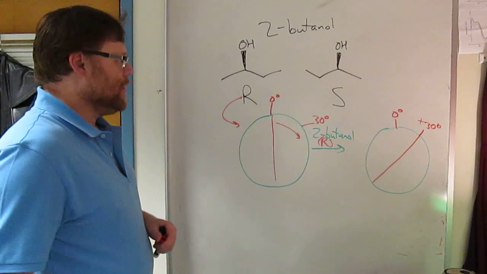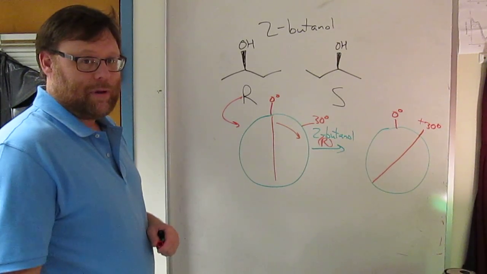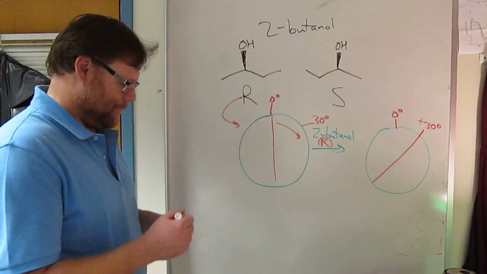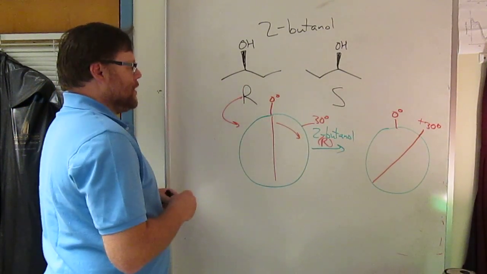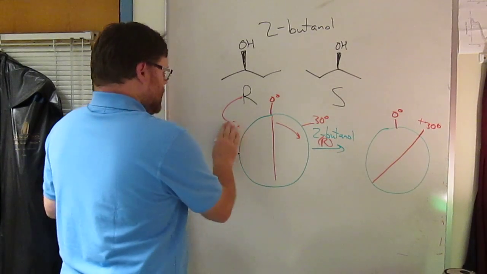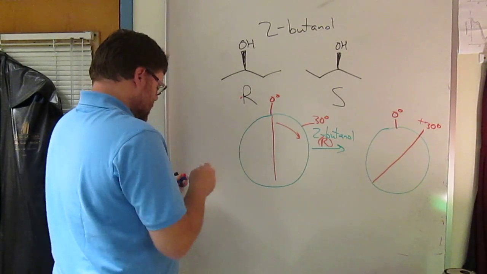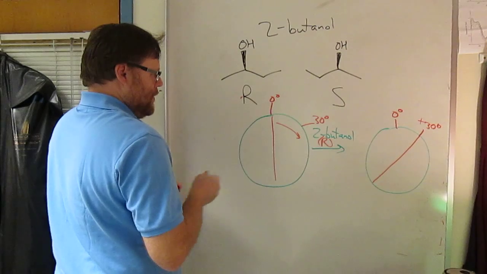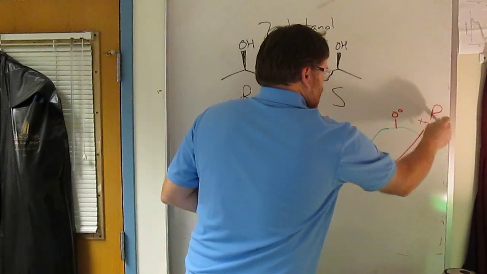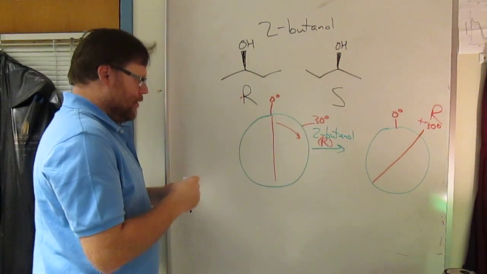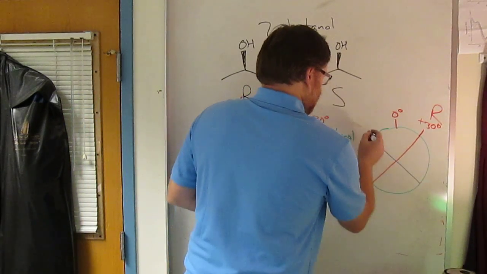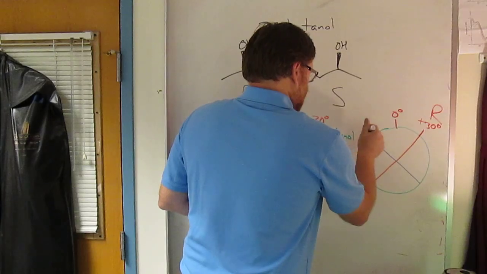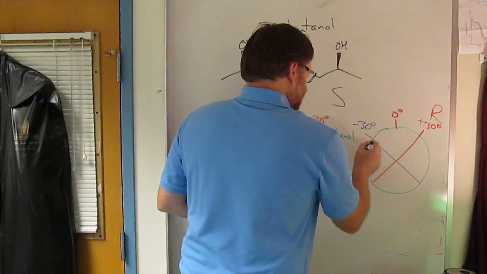What will the rotation be when we pass through S 2-butanol? Hit pause, think about it, come back. Okay, so that's the plus 30 degrees for R. What you'll find for S is it will be minus 30 degrees.